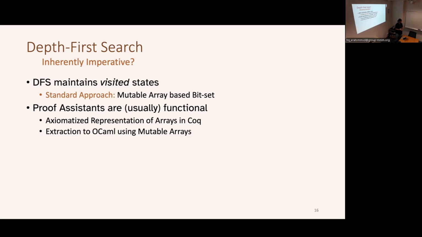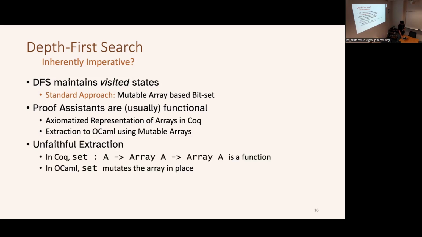implementation of sets, we slightly cheated here. So we have this unfaithful extraction, and here we have a function set, which according to Coq is a pure function. But when we extract this to OCaml, we extract this to a method which mutates the array in place.